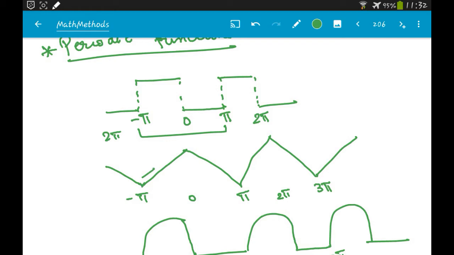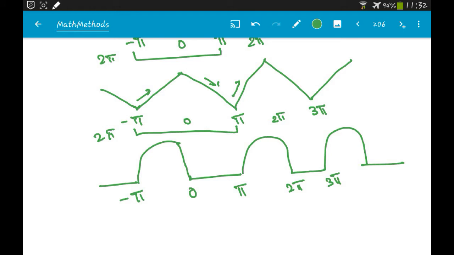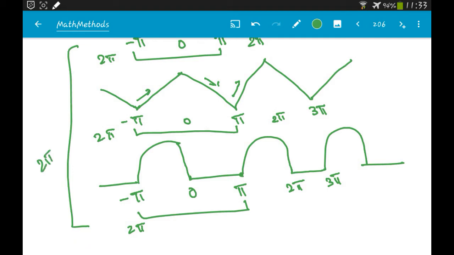If you start from here and come back here, then over here it will start to repeat the pattern. So this is the period. So period is from minus pi to pi. So the way you calculate period is, you take the highest minus the lowest. So pi minus of minus pi, so you'll get 2 pi. Okay. Similarly here, again, at this point it will repeat the pattern. So again the period is 2 pi. So all of these three examples that I gave you, the period is 2 pi.